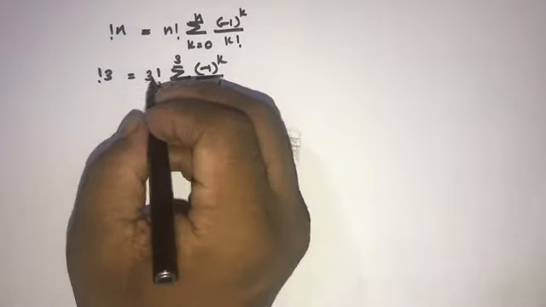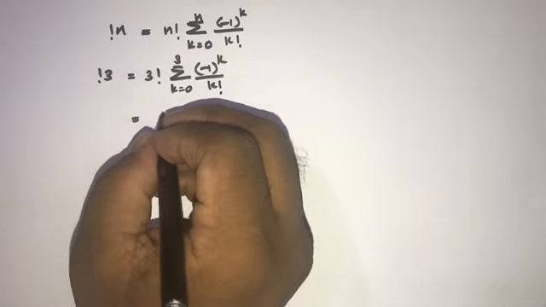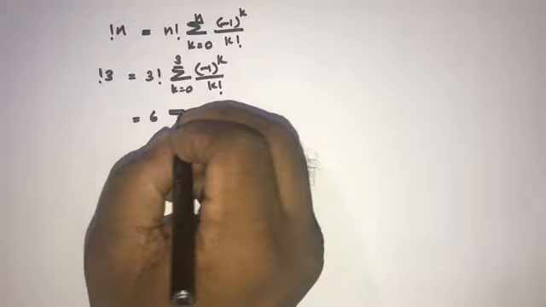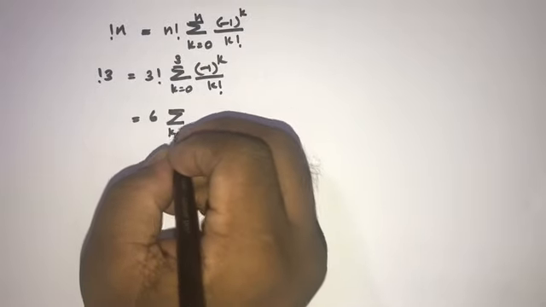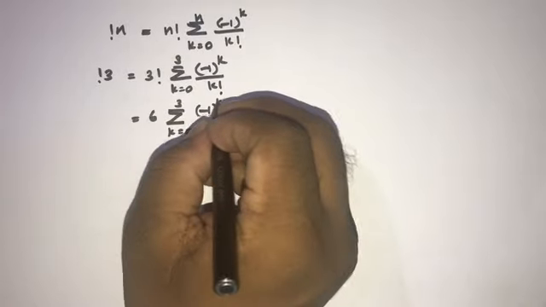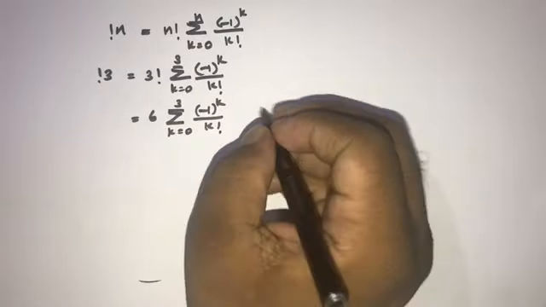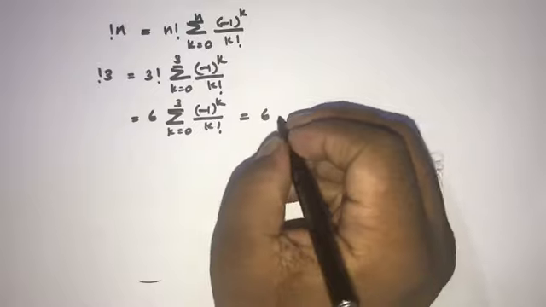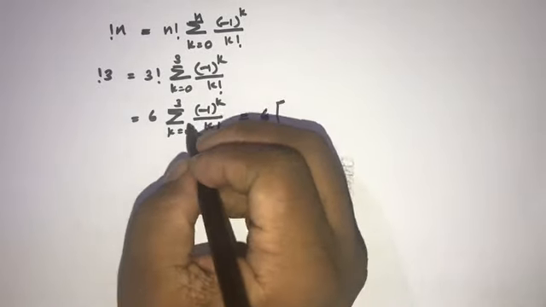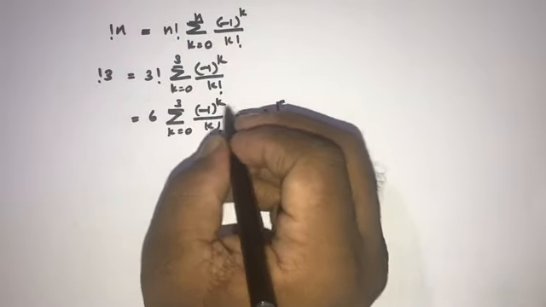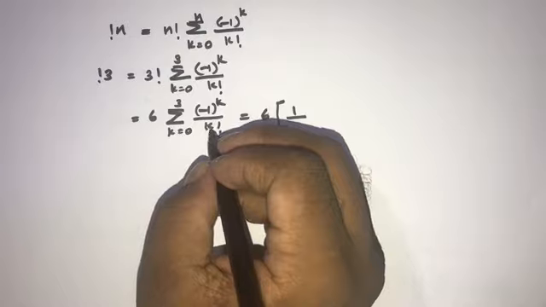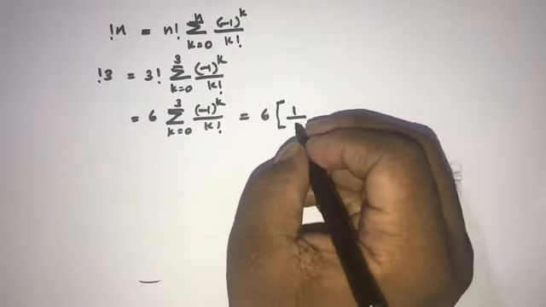We know 3 factorial is equal to 3 times 2 times 1, so 6, times the sum for k equals 0 to 3 of minus 1 to the k over k factorial. Plugging in k equals 0: minus 1 to the 0 is 1, over 0 factorial, which is 1.